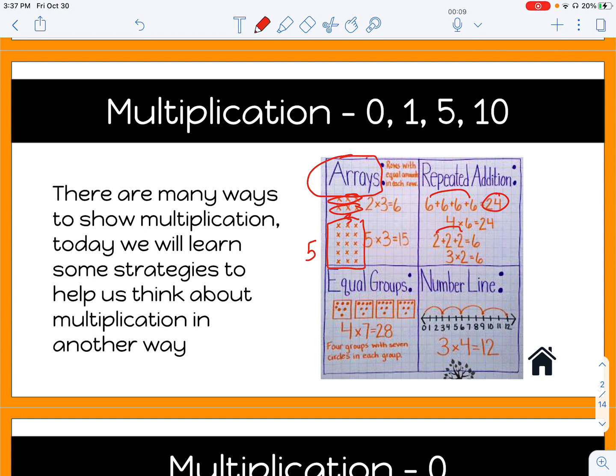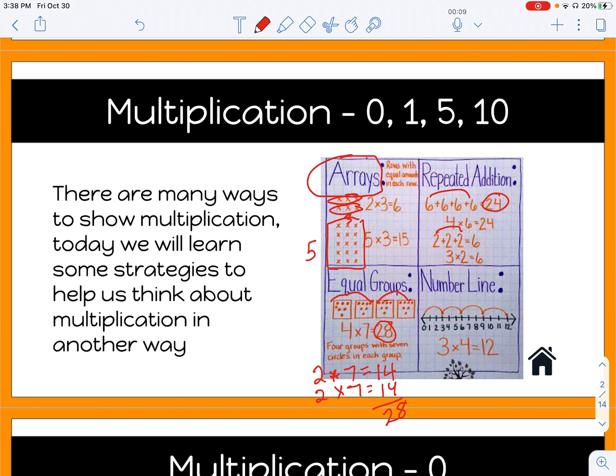If I divided 28 and had them in equal groups, I could think of this as 2 plus 7 in a group, and another 2 plus 7, and I'm going to get 14, and I'm just going to do that again, and I'm going to get to 28. That's one way to think of it.